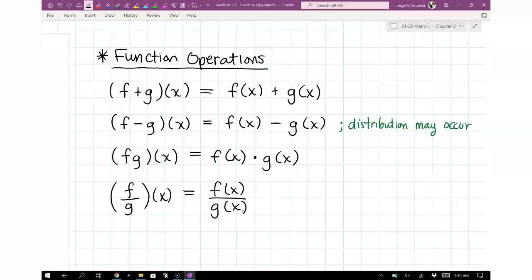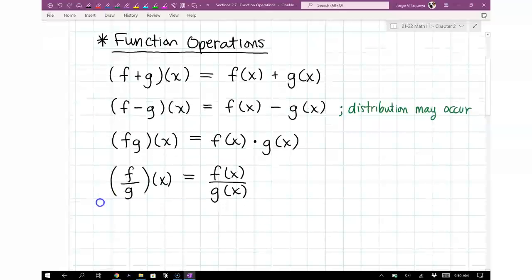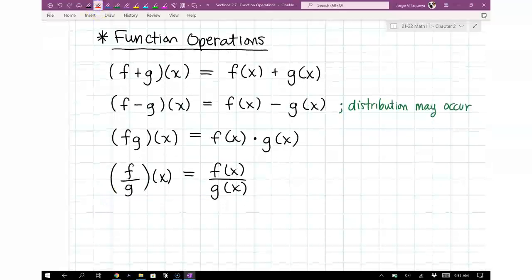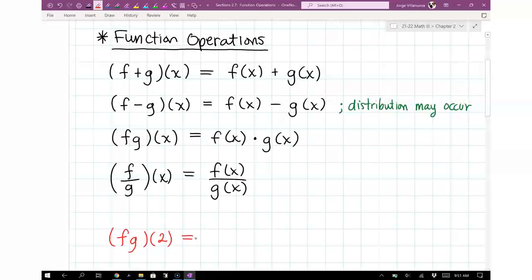Now, they may actually make you plug stuff in every once in a while, like a number. So you might see something that looks like f g of 2. If you see a number instead of an x, that just means they want you to do f of 2 times g of 2.